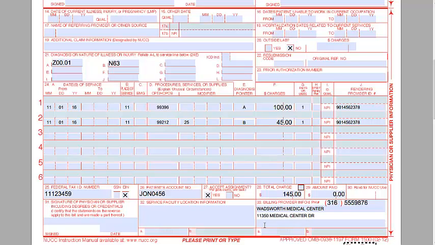I can use abbreviations. And I'm going to put the clinic's NPI number in box 33A. And that concludes how to complete a CMS 1500 form for a patient who has Medicaid insurance.